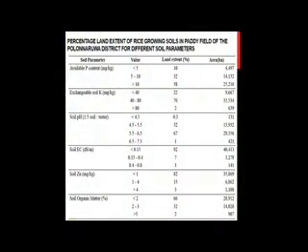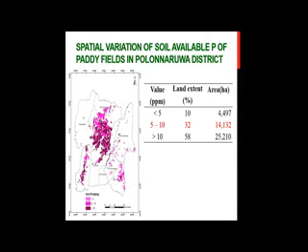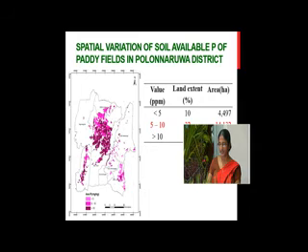Then this table shows the percentage land extent of rice growing soil in paddy fields of the Polonnaruwa district for different soil parameters. Then this is the spatial variation of soil available phosphorus.